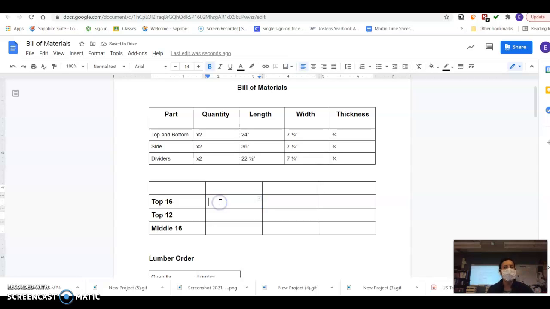So how many top 16s did you need? So this quantity would be 2.